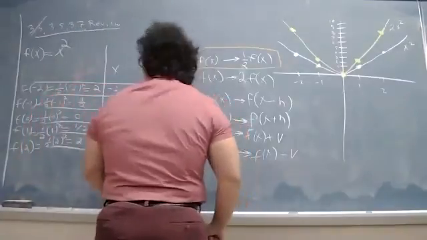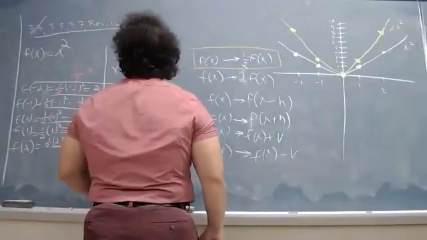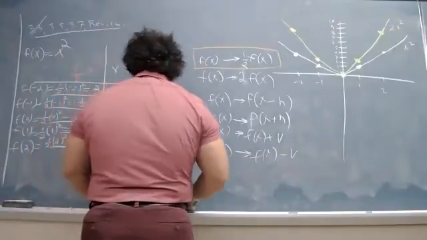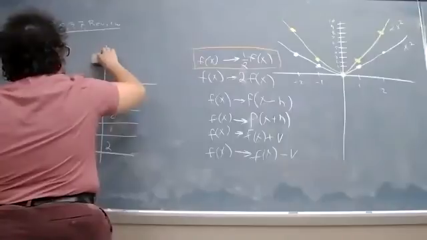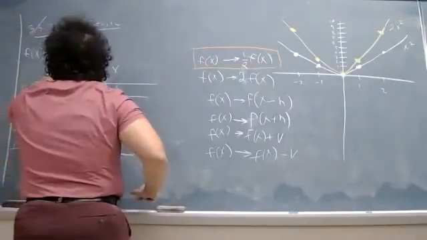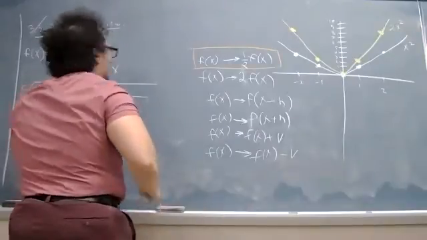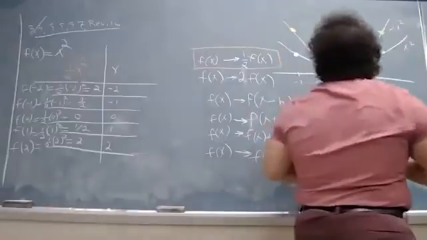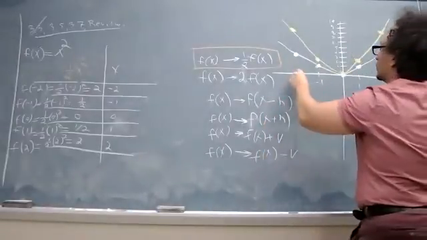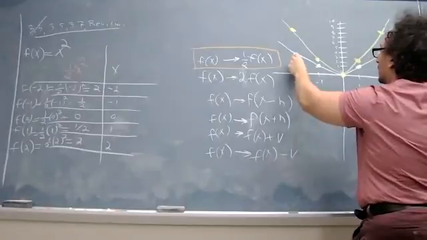Now let's graph it in orange. I said I was going to graph it in red, but I could just do orange. At -2, I find the 2, I put a dot.